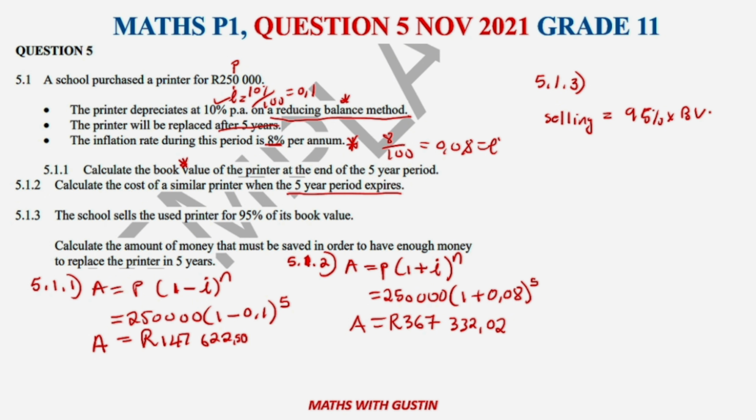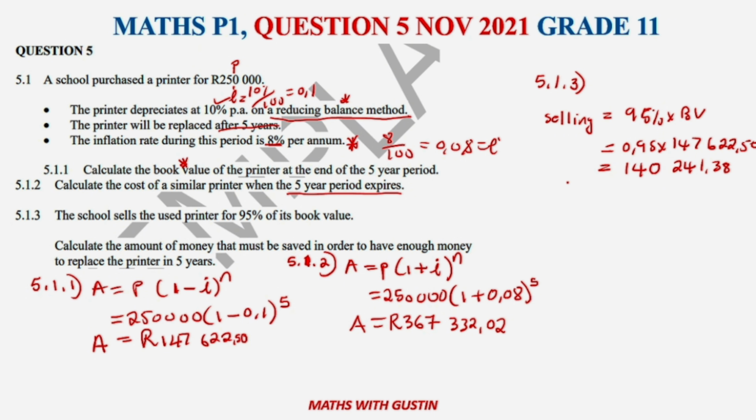We're going to have 0.95 times the book value, which is 147,622.50. If you press your calculator, it gives us 140,241.38. So this is the selling amount, the money that the school would have.